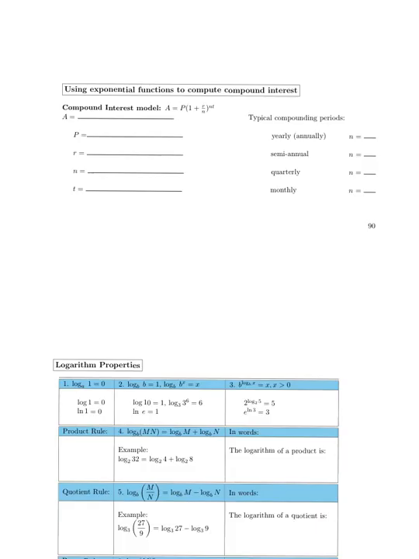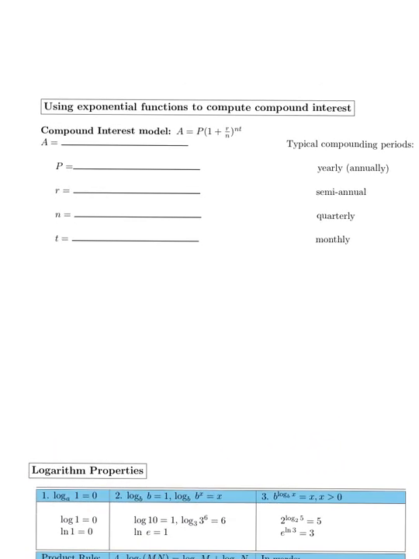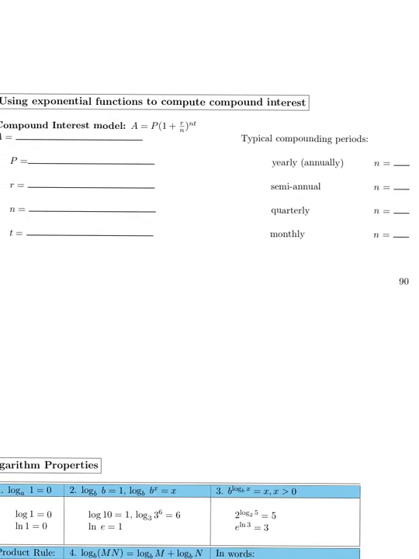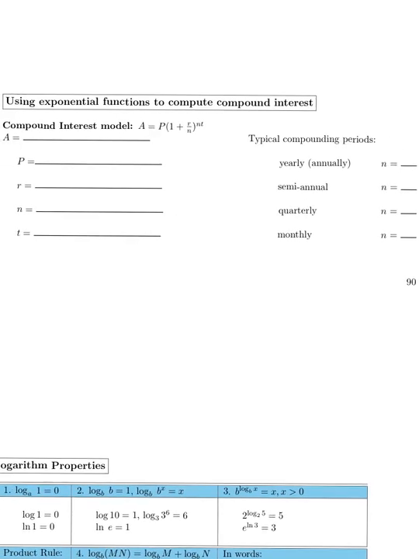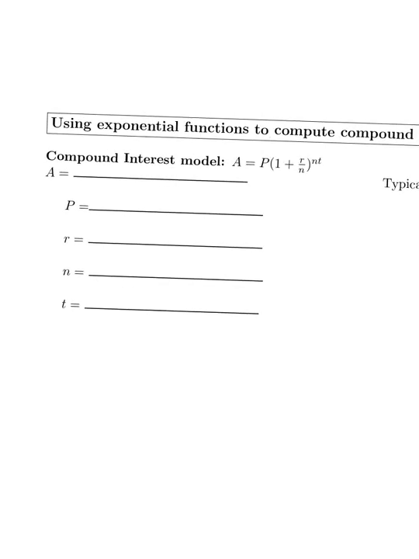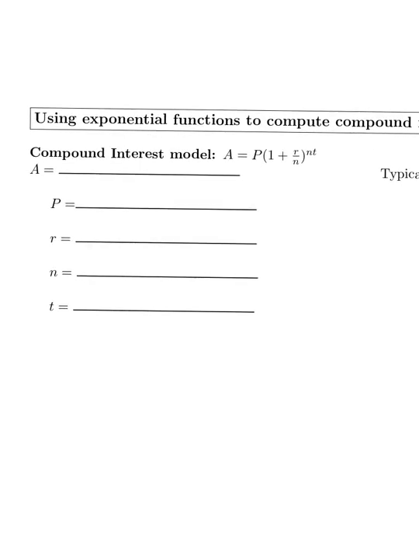Okay, I want you to flip to page 90. We need to review a formula. We have our compound interest formula and what these different pieces mean. So for your A value, that is your ending balance.